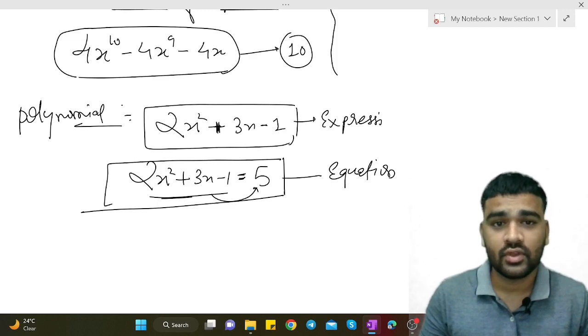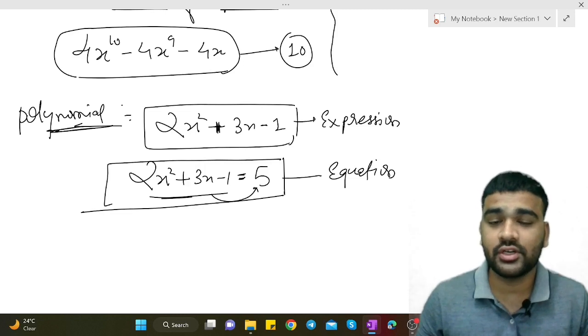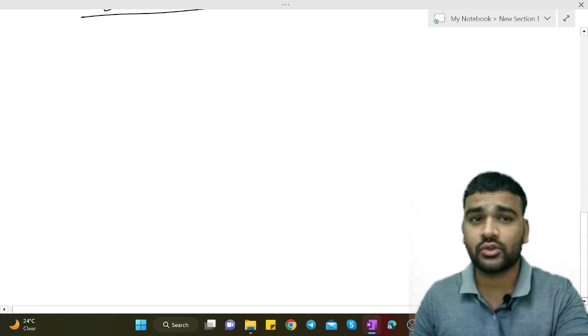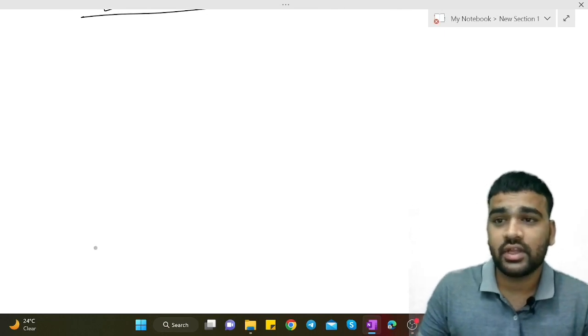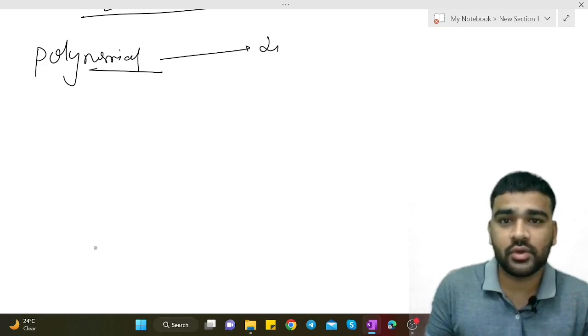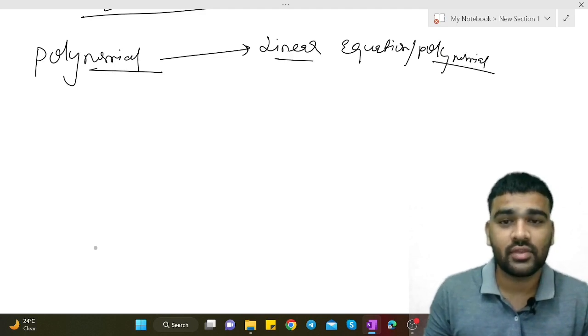Based on the degree, you can categorize polynomials into three types. The first one is the linear equation, or linear polynomial. What does it mean?